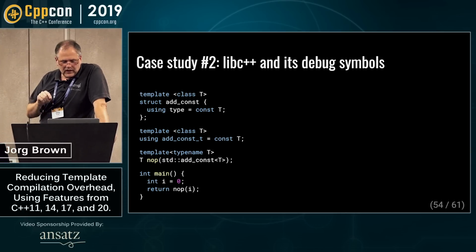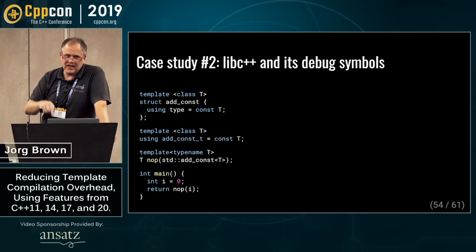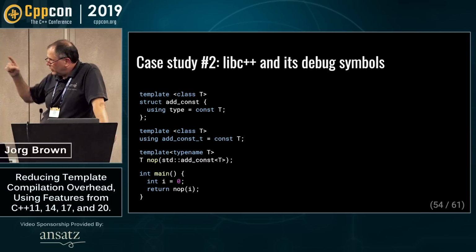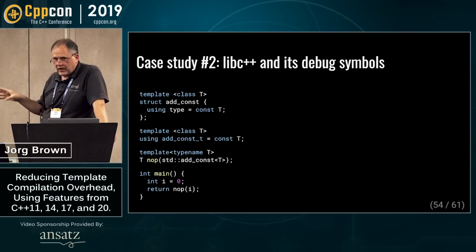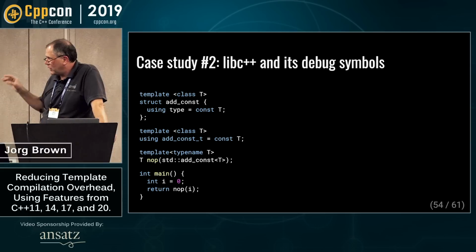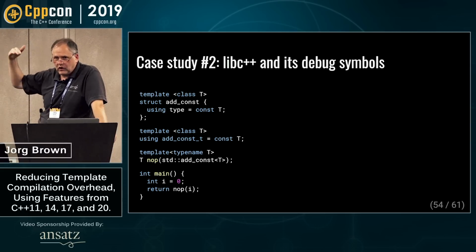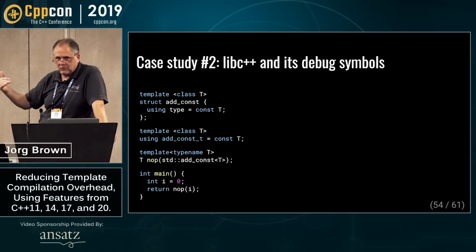Well, it turns out in the current actual definition where add_const has to instantiate a class and then pick a type from inside of that class, it can't deduce what the type is. So with the original definition of add_const, this wouldn't compile correctly, and it wouldn't so much throw an error due to this definition of nop, it's just that nop wouldn't appear in the overload set of functions that you could possibly be referring to.